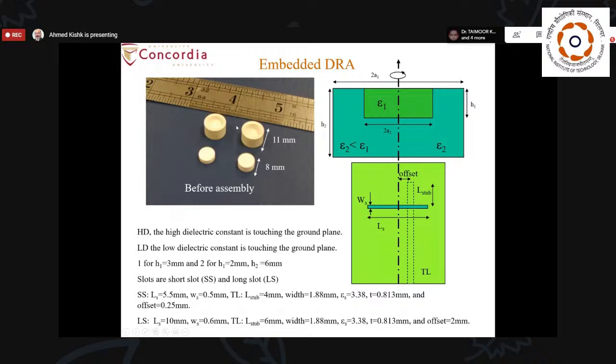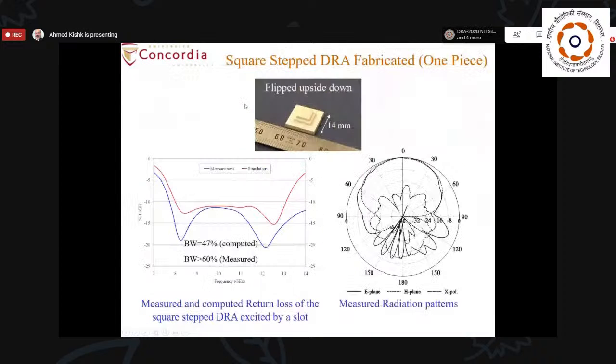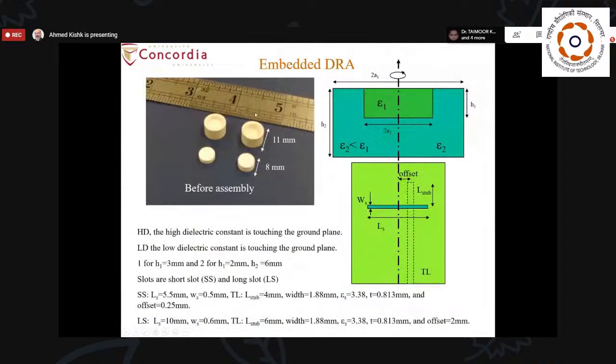Also, with the stacked type, we found a problem: how we can adjust the top and the bottom to be exactly centered with each other. You find it difficult if you have some kind of glue. Once you press it, you will find it slides a little bit, and you need to do some adjustment for that. And it sometimes is difficult to do.